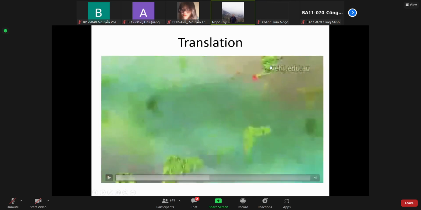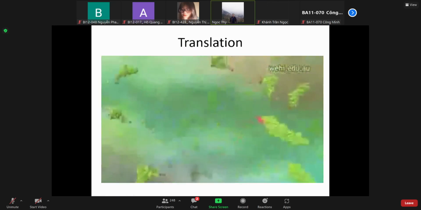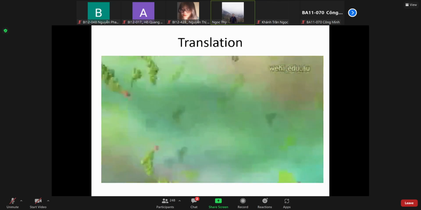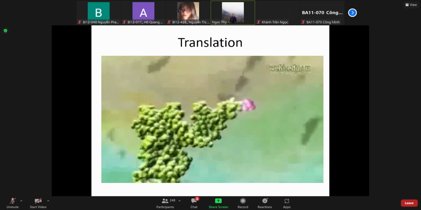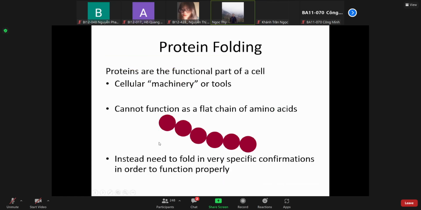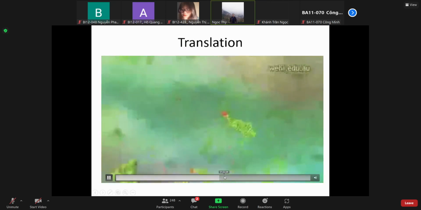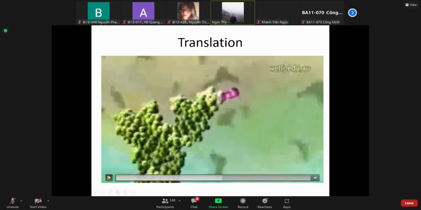So we see a tRNA here which has a red dot, and this red dot is the amino acid that the tRNA carries to the ribosome position to synthesize the protein polypeptide chains. So different types of amino acids.